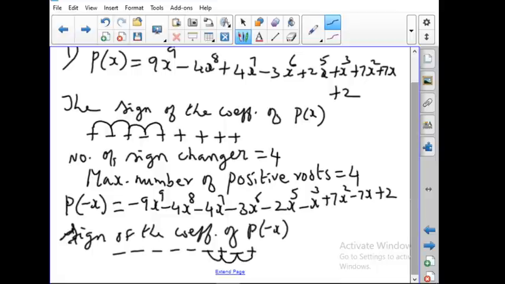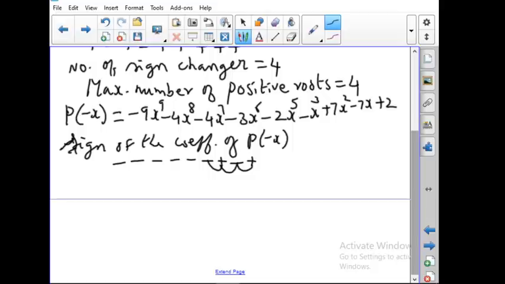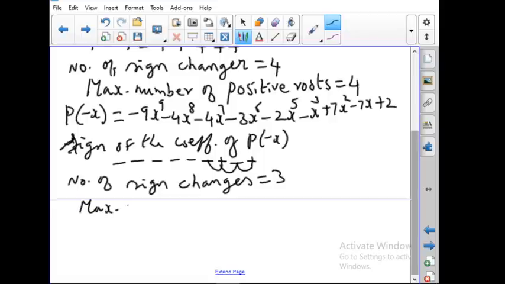So the number of sign changes is equal to 3. So the maximum number of negative roots is equal to 3.